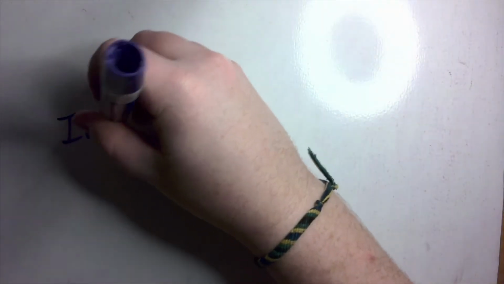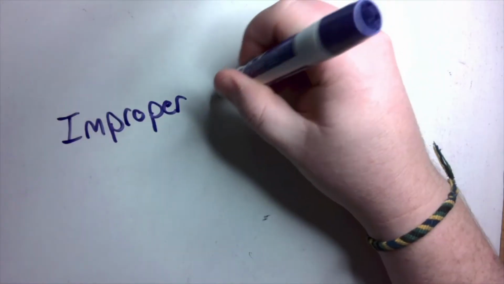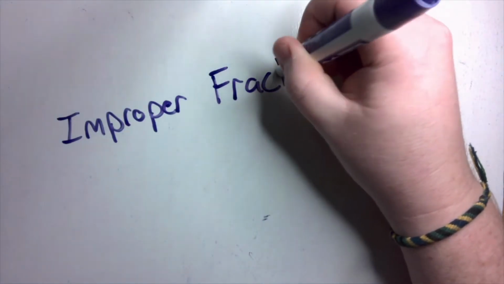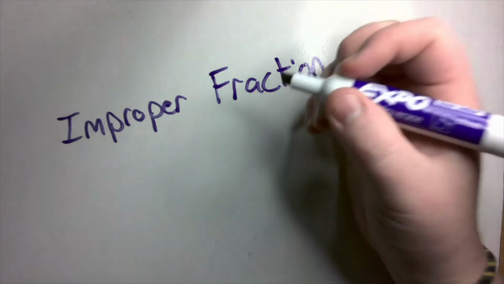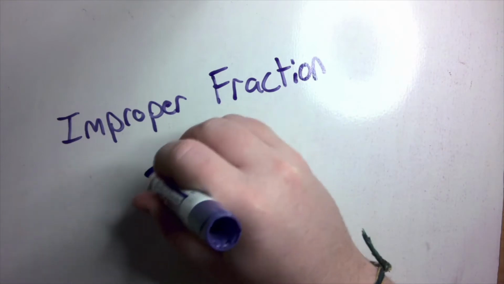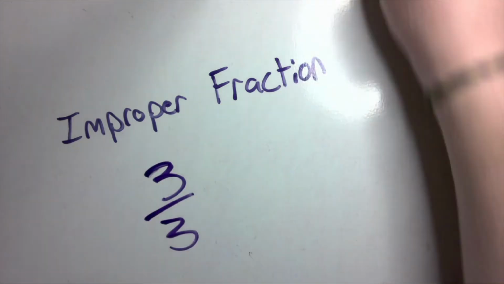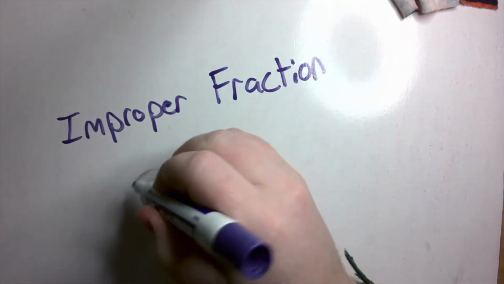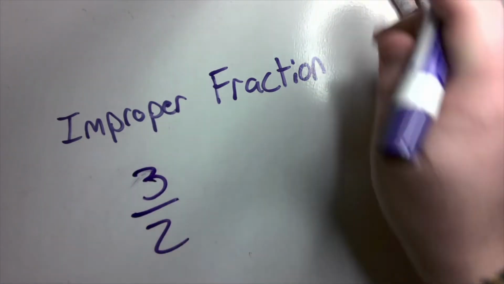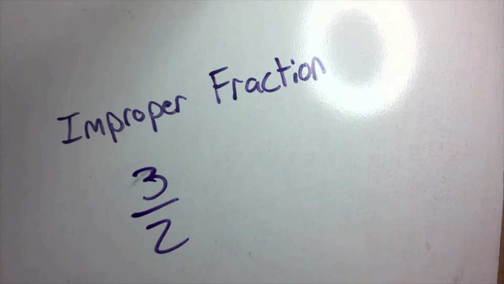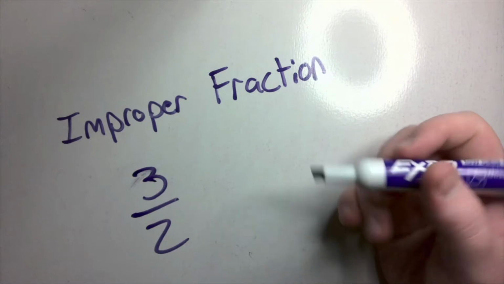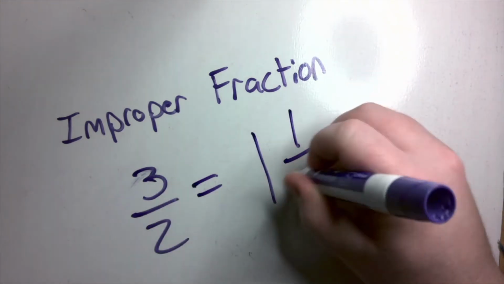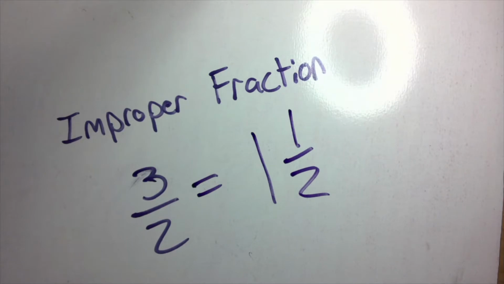Another term you might hear me use is improper fraction. The only thing improper about this is that it hasn't been simplified yet. So if you see a fraction written as 3 over 2, 3/2, not 3 over 3, if the numerator is larger than the denominator, it's considered an improper fraction because we can simplify it into a mixed number like 1 and 1/2.